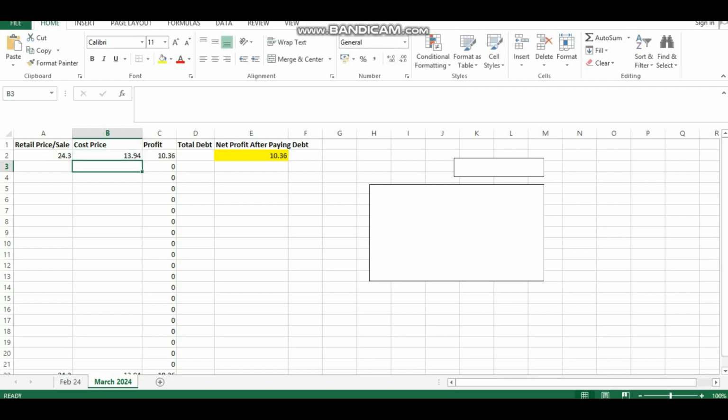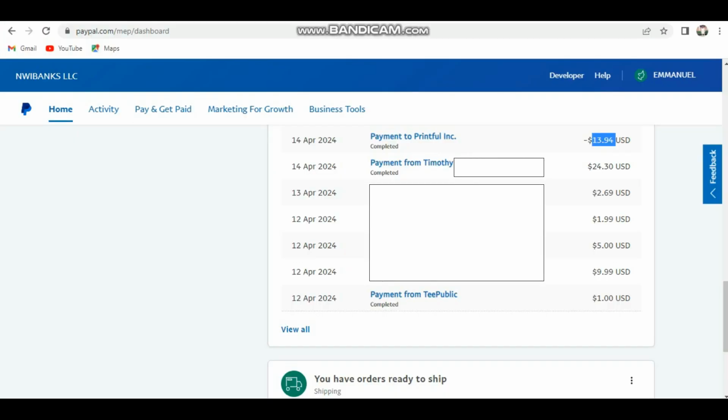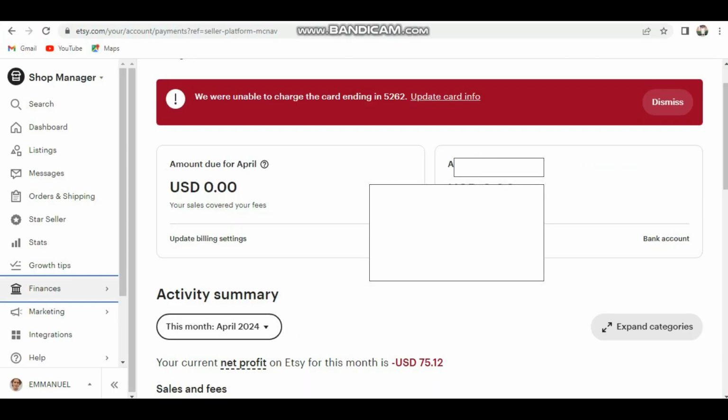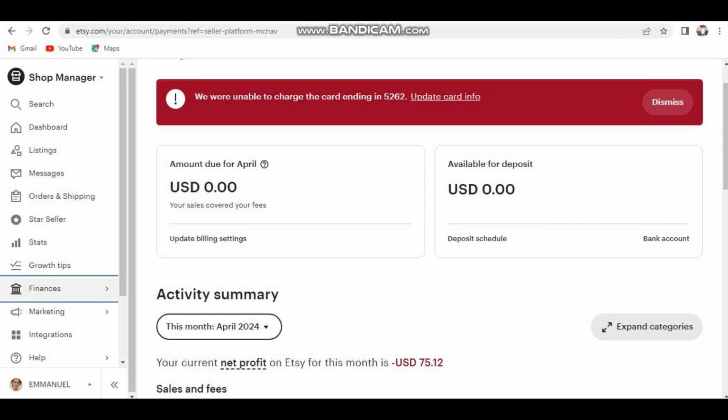Okay, now the next thing you want to do is, under this total debt, put in your total debt on Etsy. So in this case, I'm going to come over here. Now this figure here is what you want to put over there.